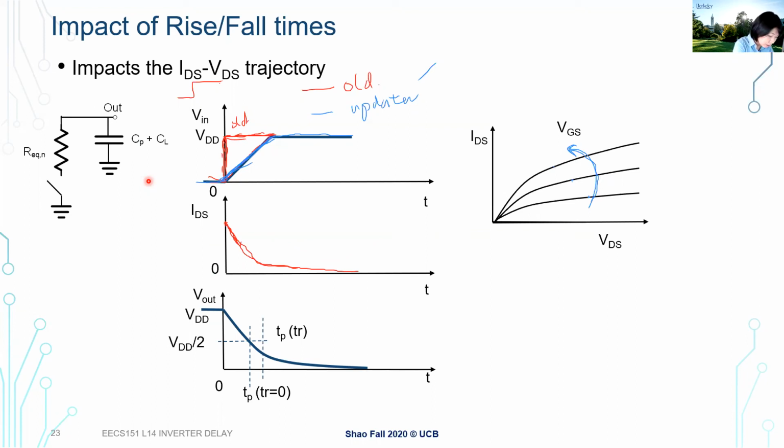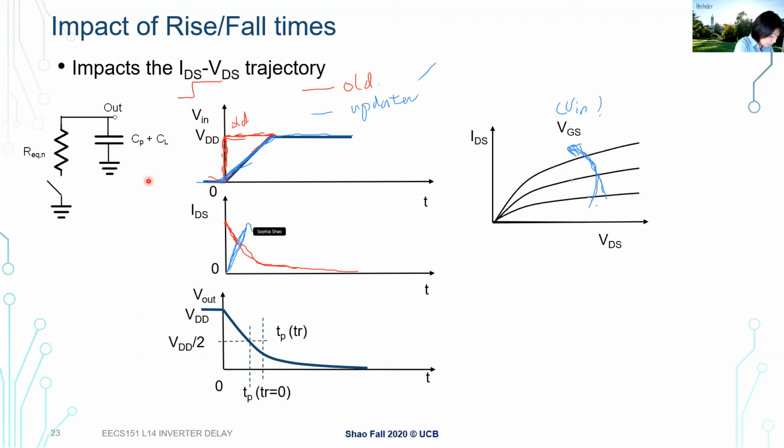If my gate voltage is low, I cannot reach a very high current because that's limited by my gate voltage. So more realistically, if you think about the transition, it takes time for my input current to go up because my gate voltage is gradually going up. Gate voltage is basically the input voltage here. So this takes time, and my current takes time to grow.